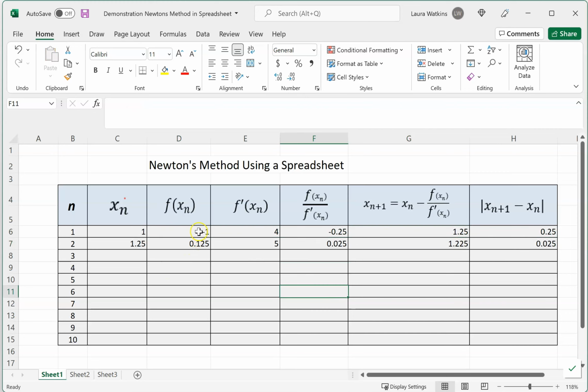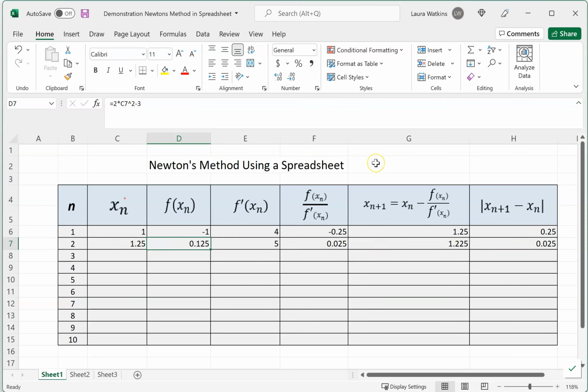And now what I want you to notice is that, for example, in the D column, in the first row, it's 2 times C6 squared minus 3. But in the second row, we have 2 times C7 squared minus 3. So the spreadsheet automatically adjusted and referenced appropriate values.